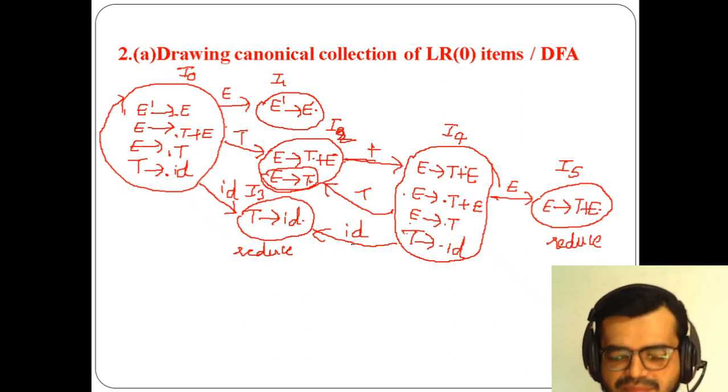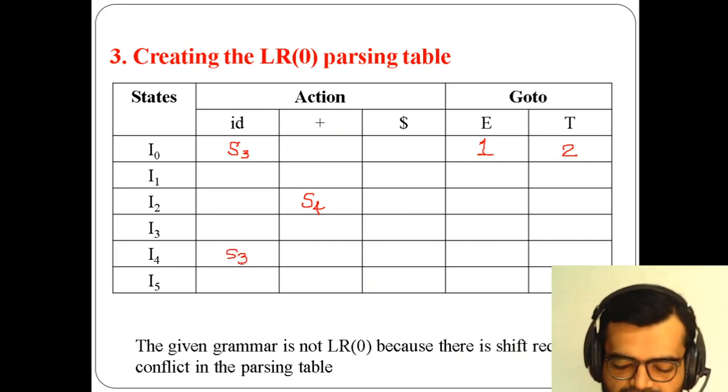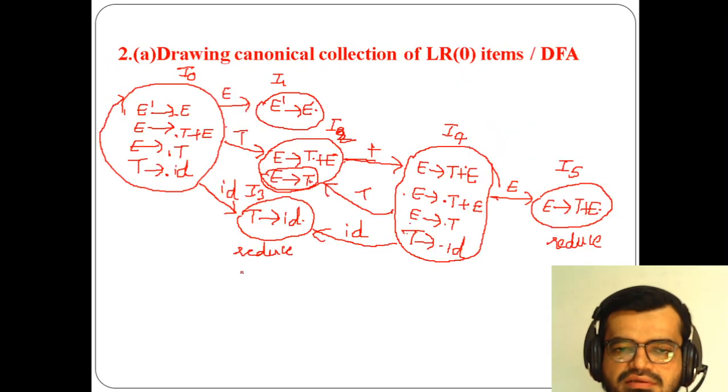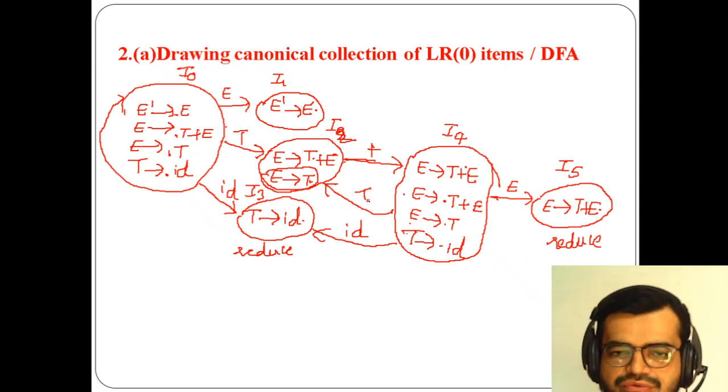I4 to I3 with the help of ID, so I am writing S3 here. And it is also going with the help of E to I5, and with the help of T to I2.